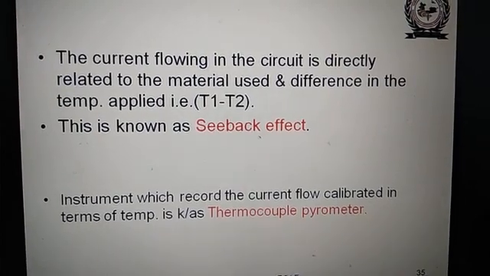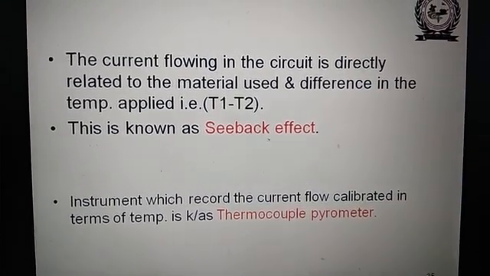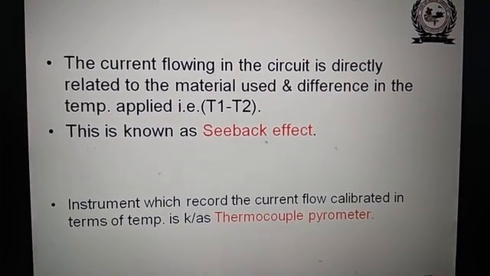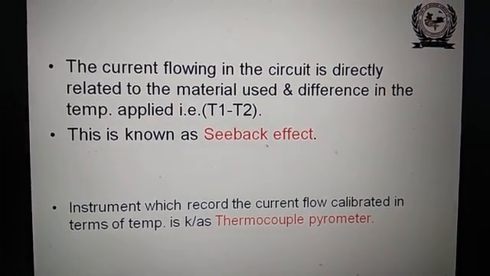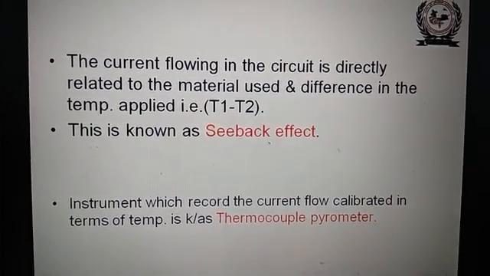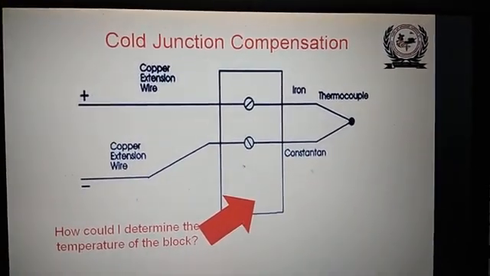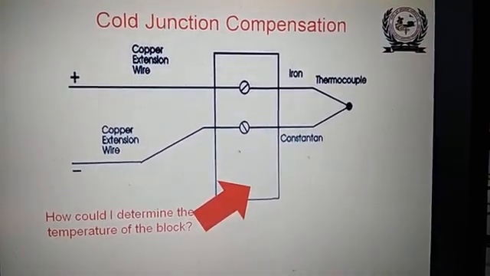The instrument which records the current flow, calibrated in terms of temperature in degrees Kelvin, is known as a thermocouple pyrometer. You can see this is called cold junction compensation.